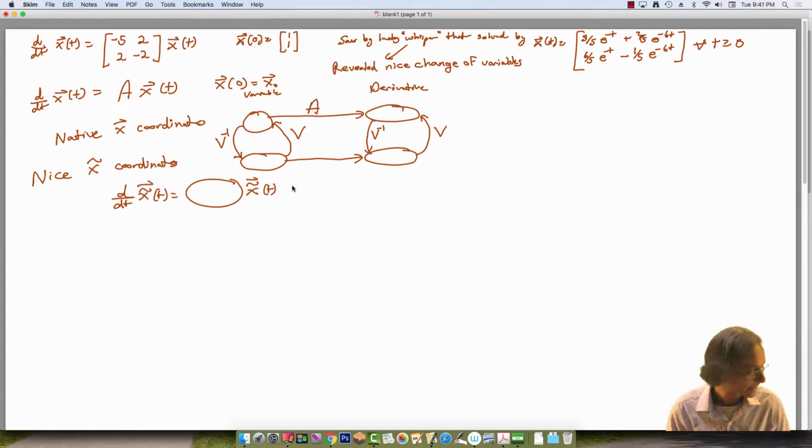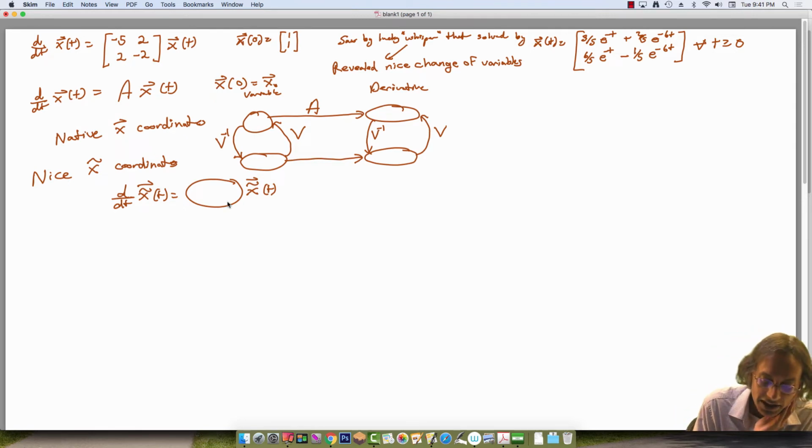How can we figure out what that is? So to understand what goes in here, we can simply follow things through. So we say, okay, d by dt x tilde of t. This is just d by dt of the inverse x of t.